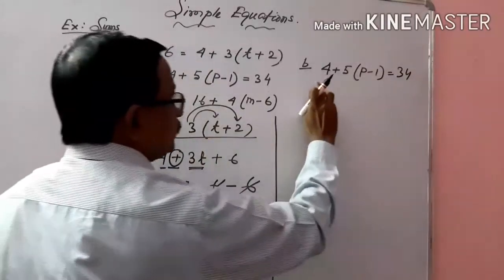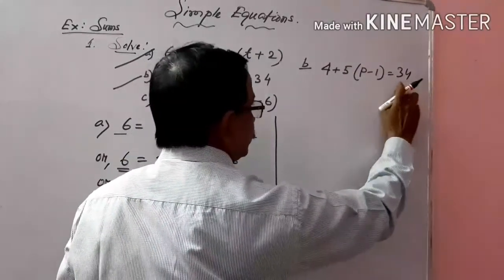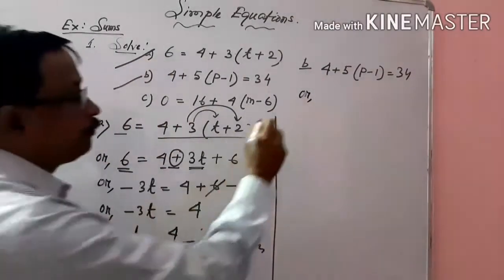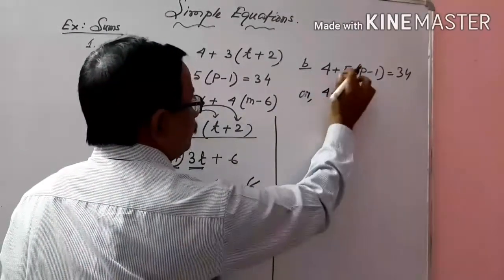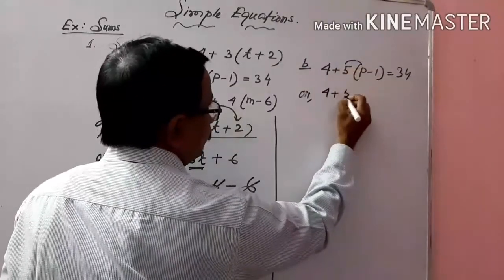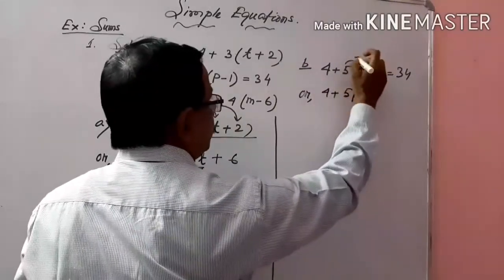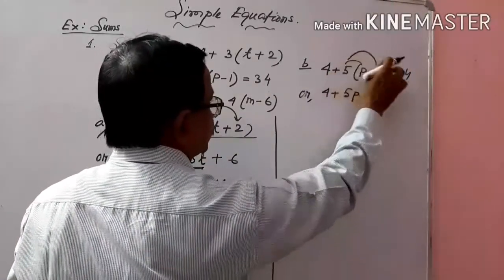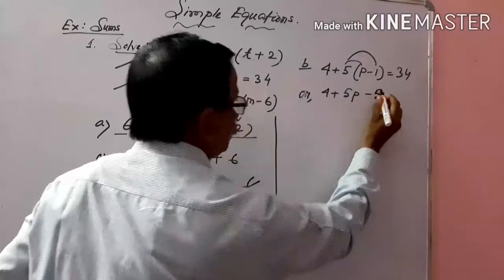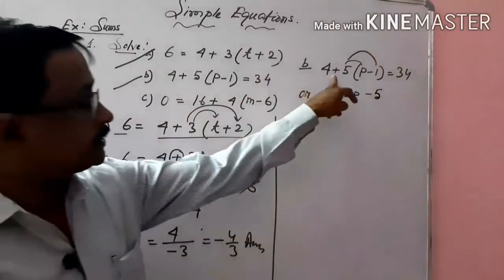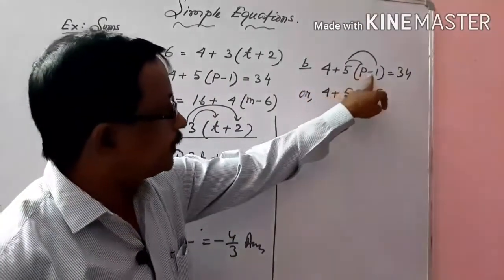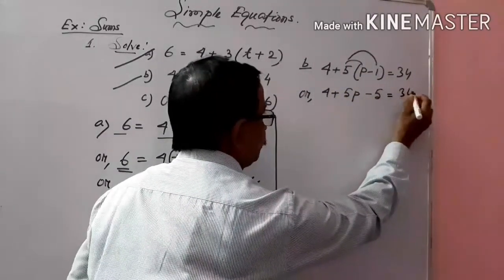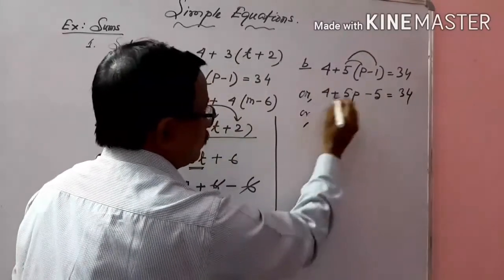Same as before, this is the left hand side and this is the right hand side. 4 remains the same, 5 multiplied by p is 5p, and 5 multiplied by minus 1: as plus and minus become minus, 5 into 1 is 5. Once you open the bracket, that means minus 5. And it equals 34.